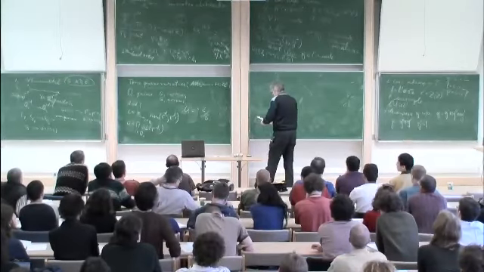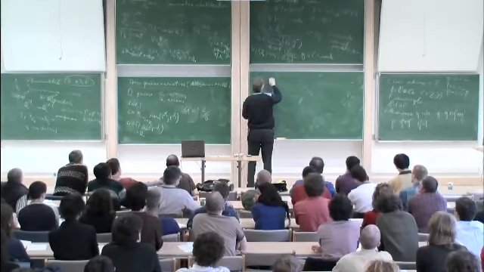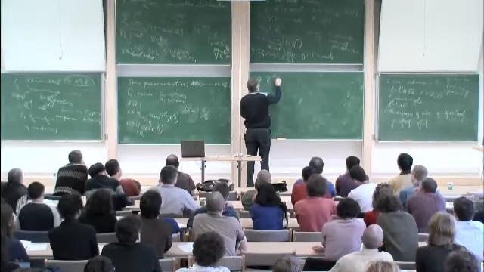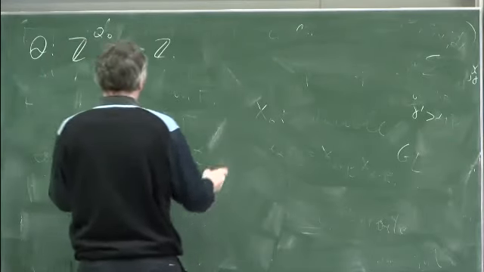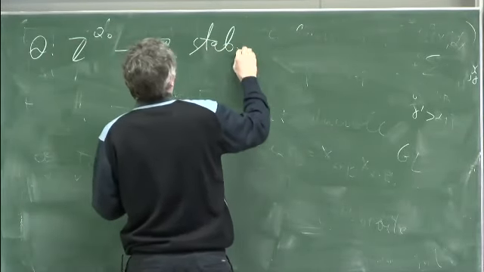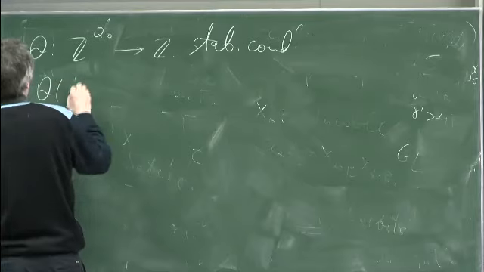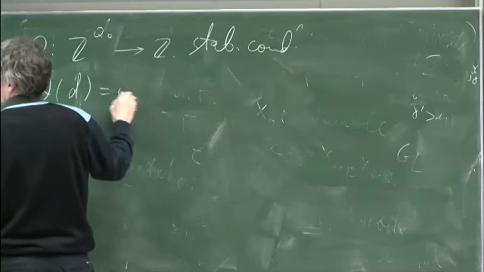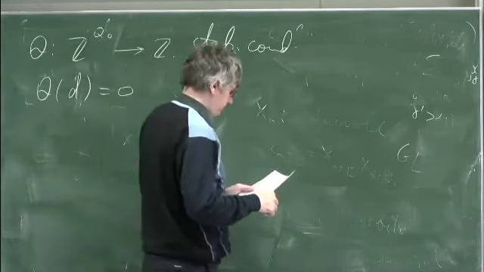So I need to introduce the stability condition, which is in this case just an integer-valued function theta on the set of vertices, with the property that on our dimension vector d, the one which we fixed here, it is 0.